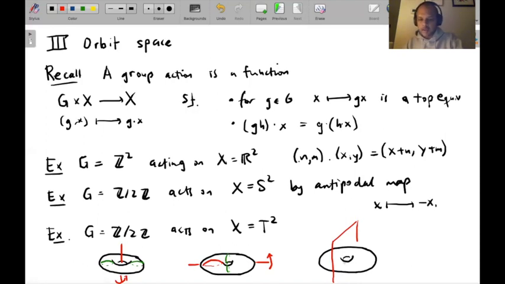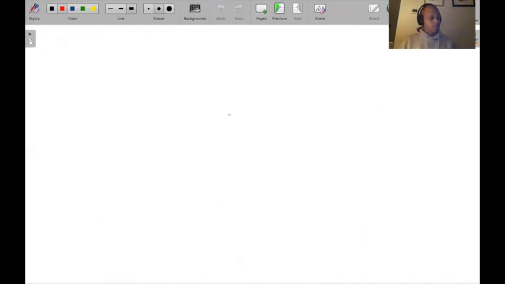And in this case, these two are fixed pointwise, and we're doing a reflection here. So this defines a Z mod 2 group action, because if we do this transformation twice, we get the identity. Okay, so we'll revisit these examples in a second.